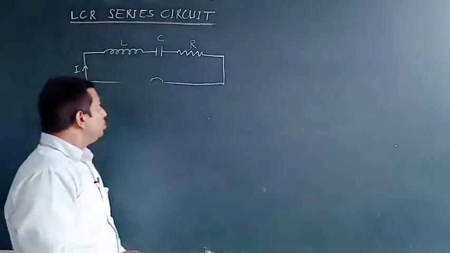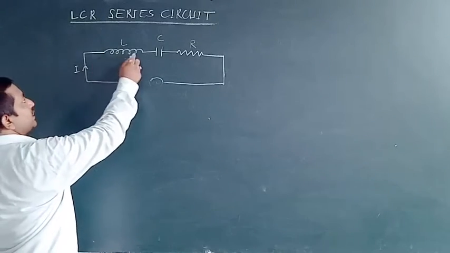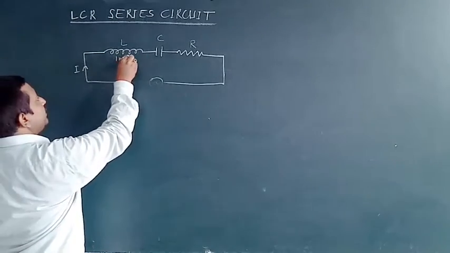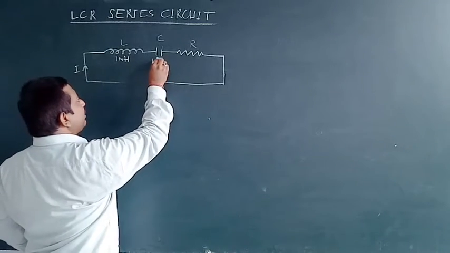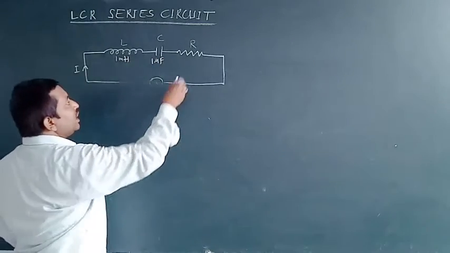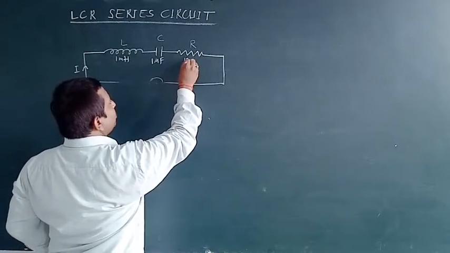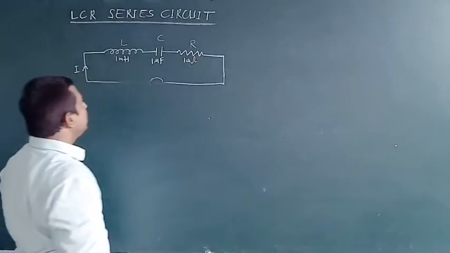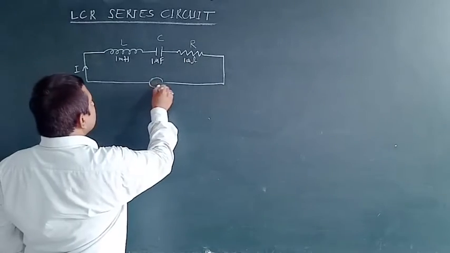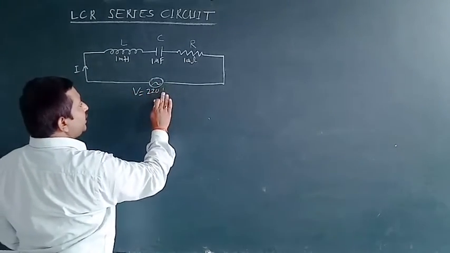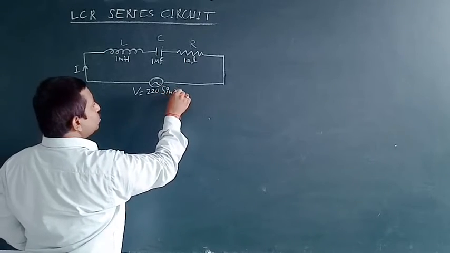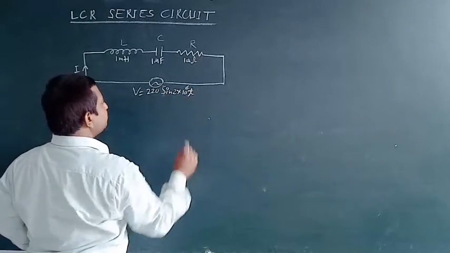Suppose that we have an inductor of value 1 millihenry and a capacitor of 1 microfarad connected in series, and a resistor of 100 ohm, connected to a potential source, suppose 220 sine of 2 into 10 to the power 6 t.